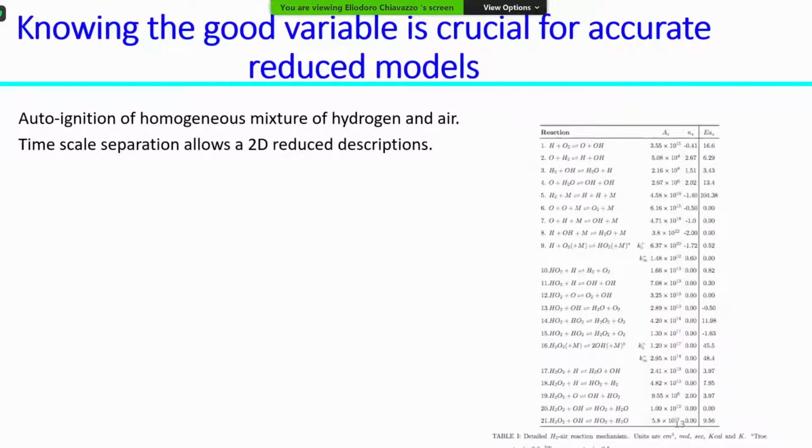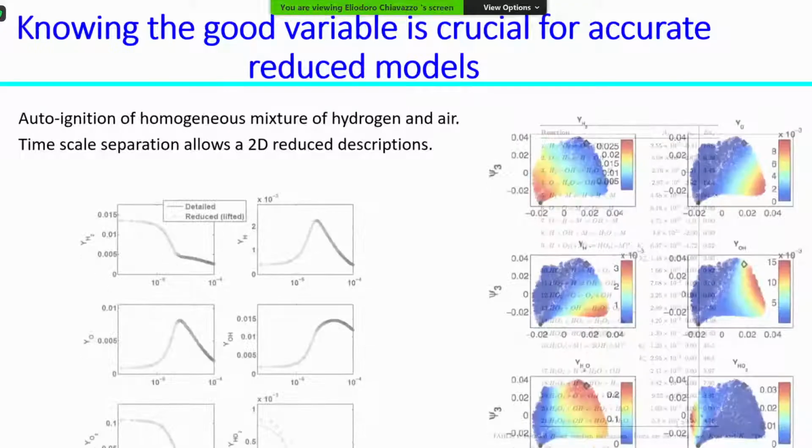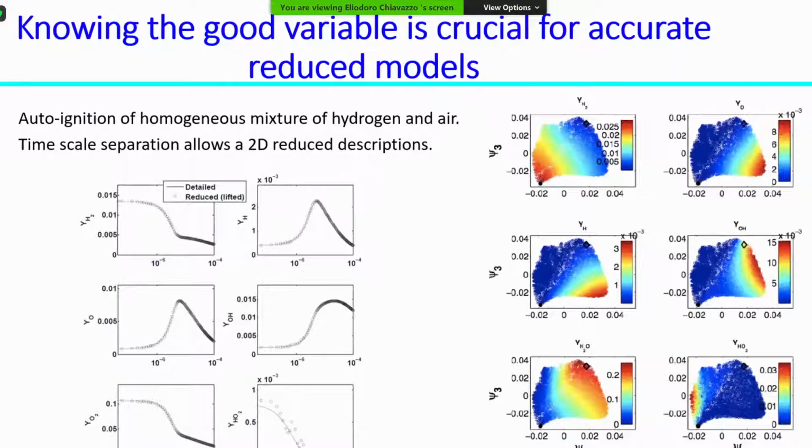And here you see an example, for instance, again, the autoignition of a homogeneous mixture of hydrogen and air. Here, two coarse variables have been identified and a reduced model has been constructed.